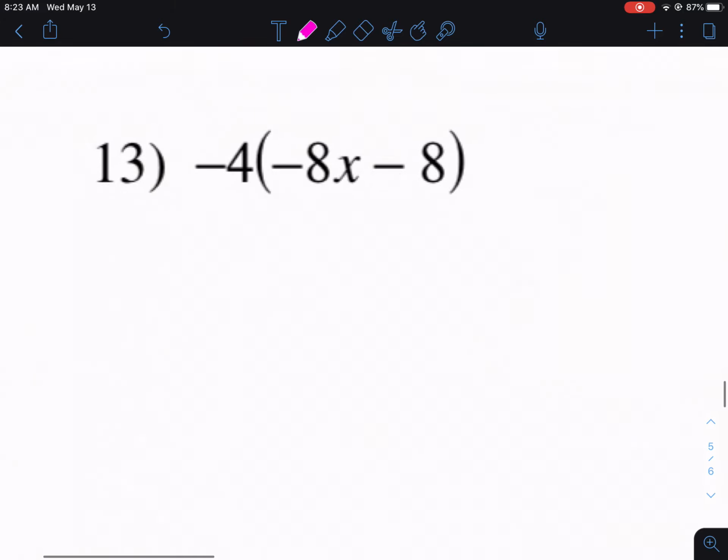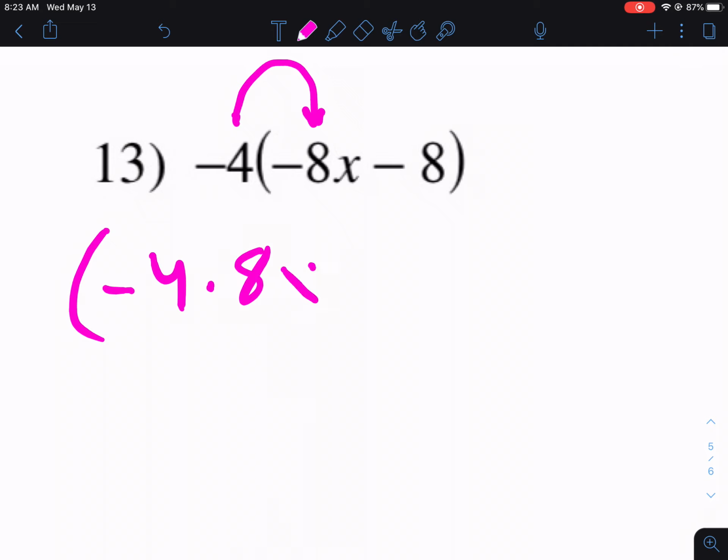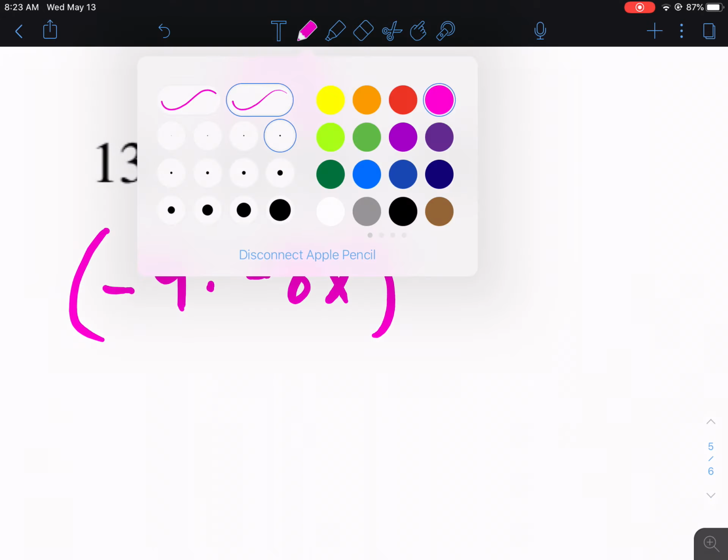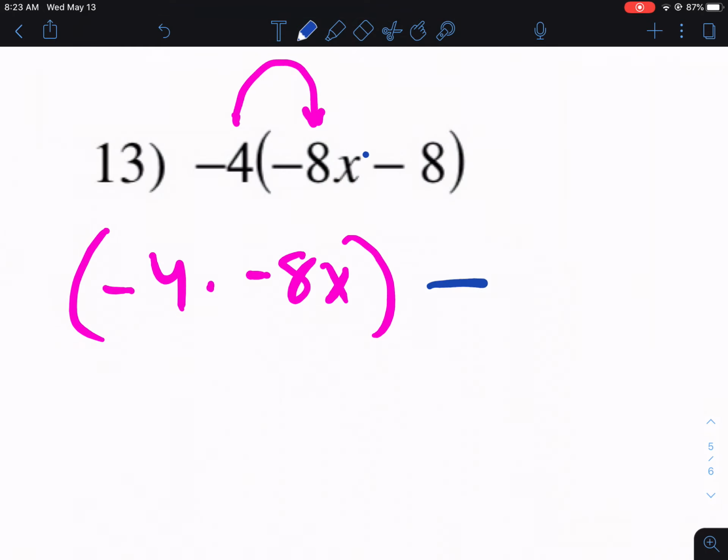Now this one. Pay attention to the symbols. Pongan atención a los símbolos. Negative 4 times negative 8x. Minus, because I have minus.